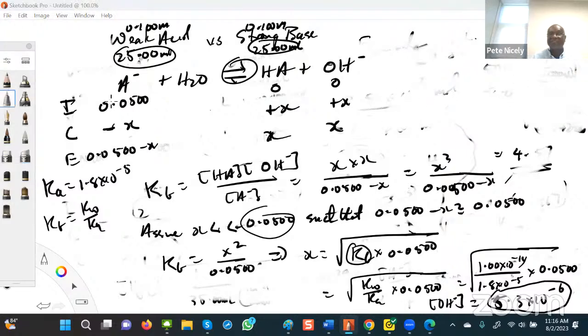So the pH, I'm sorry, the pOH is what we need to find. That would be equal to minus log of 5.3 times 10 to the minus 6. So let's see what that gives. 5.3 times 10 to the minus 6. Find the minus log of that.